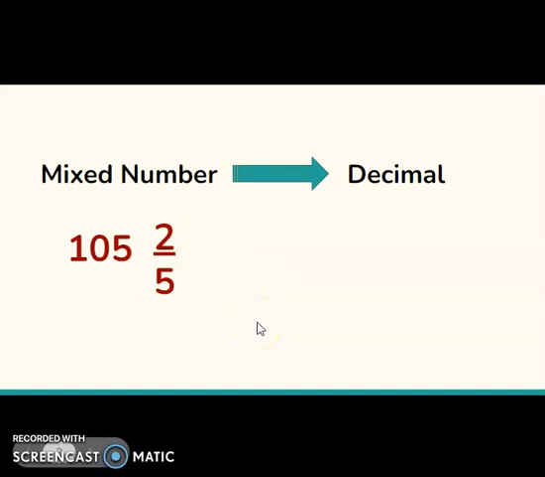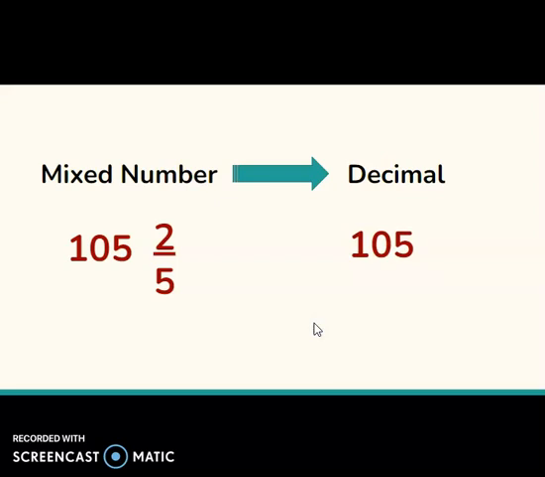Here, students, you need to remember that we are not going to do anything to our whole number part. We are going to write it as it is. So as our 105 is our whole number, when we are writing it as a decimal, we write it as it is, that is 105.